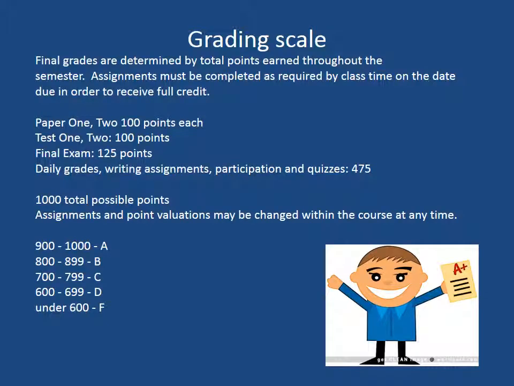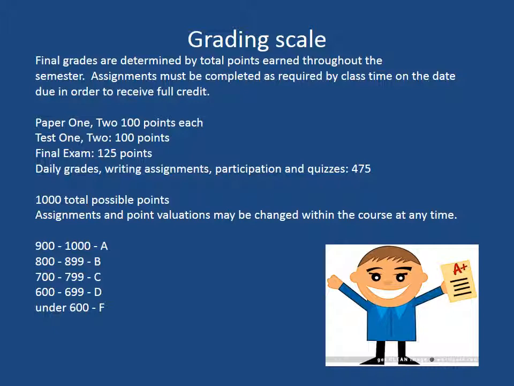Grading scale. Final grades are determined by total points earned throughout the semester. Assignments must be completed as required by class time on the date due in order to receive full credit. Paper 1 and 2 are both worth at least 100 points. Test 1 and 2 are both worth at least 100 points. The final exam at least 125.